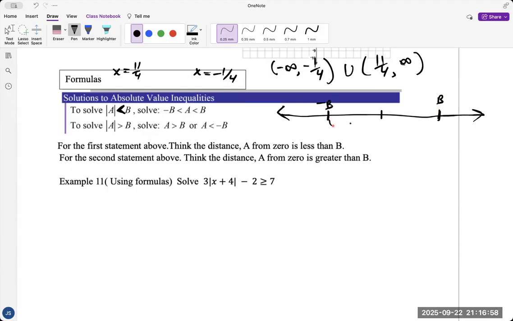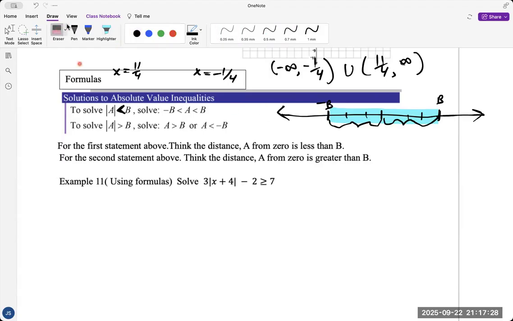The distance from zero has to be less than that. So it would be all of this region. So that A value has to be its distance is less than B, so it must be a value in this region somewhere. So that's what the picture looks like.